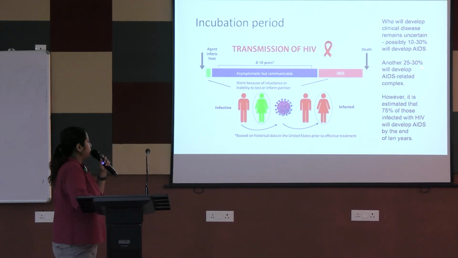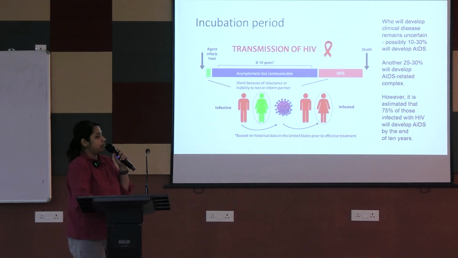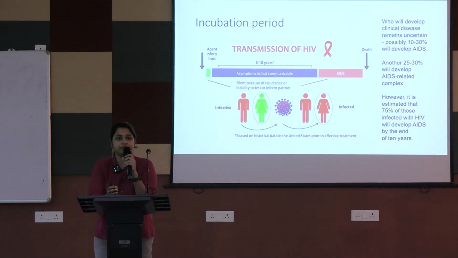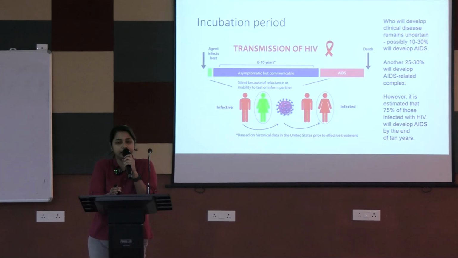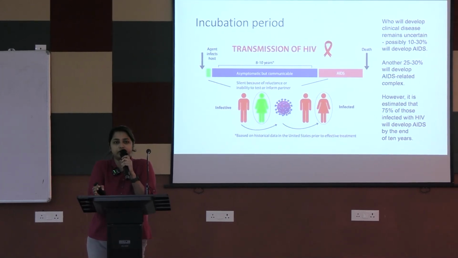Another 25 to 30% will develop AIDS related complex. What is AIDS related complex? AIDS is basically when you have detected that your CD4 count is low and you have very reduced immunity. But AIDS related complex is when you have AIDS with opportunistic infections.